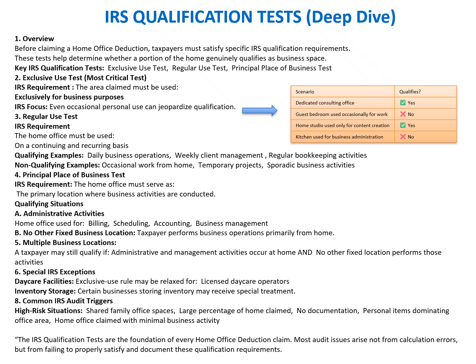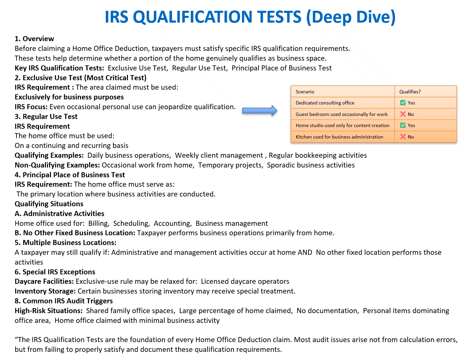Now we'll quickly discuss the concerns the IRS has always had, and why they had them. Those were largely legitimate, because people tend to claim more deductions, or claim deductions for space that would otherwise largely be used for personal purposes. Before claiming the home office deduction, a taxpayer must satisfy the IRS's specific qualification tests. What are those?